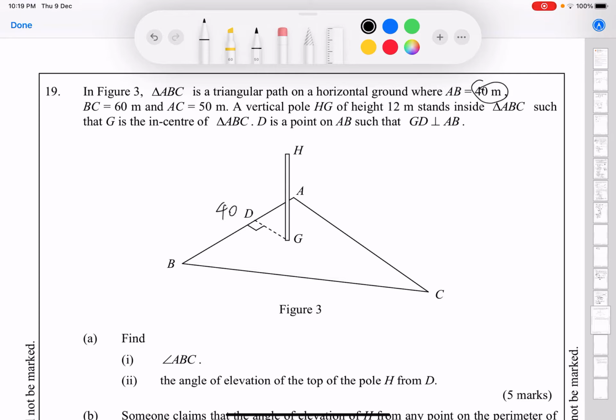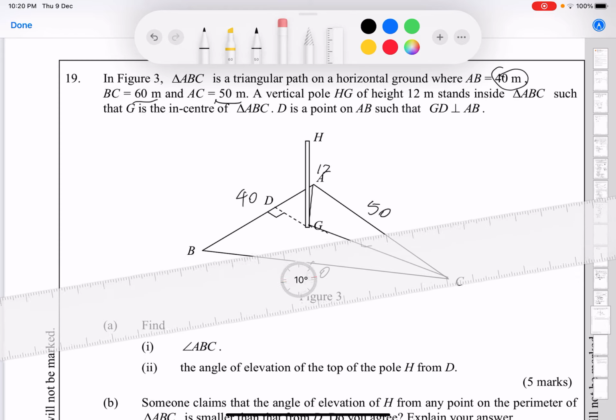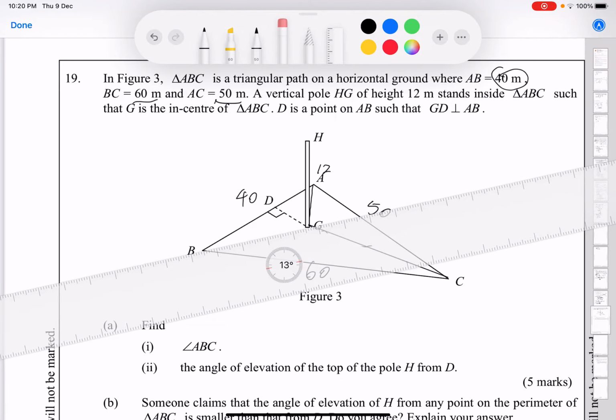So let me draw the angle bisector real quick. Okay. So this angle equals this angle equals this angle.